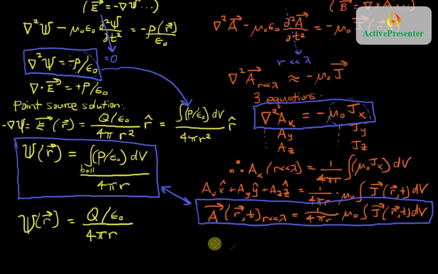And what we get physically here is that the vector potential near the origin can be thought of as being the charge times the time-varying velocity. There's a mu naught out in front and a 4 pi r underneath. And that's the physical interpretation of this.